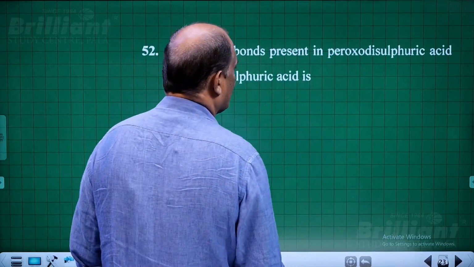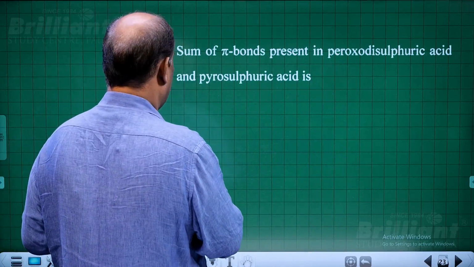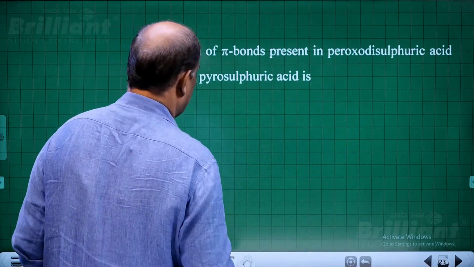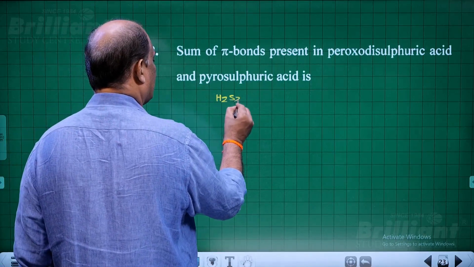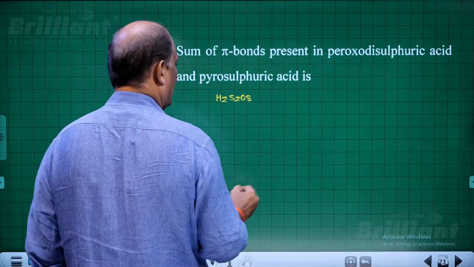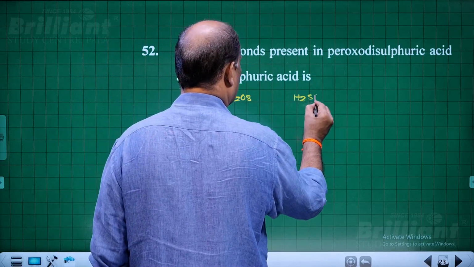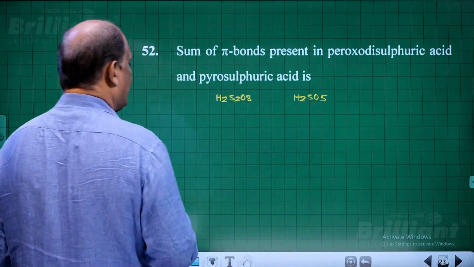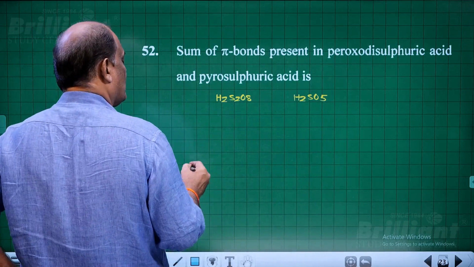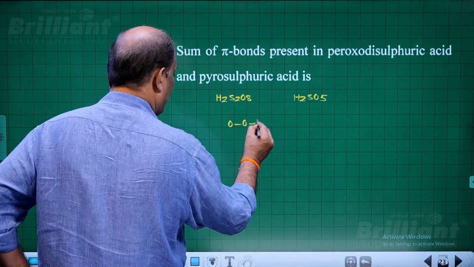Number of pi bonds present in peroxodisulfuric acid and pyrosulfuric acid. This is the peroxo H2S2O8. This is H2SO5. H2S2O8, generally what is the peroxo? Generally when a peroxy bond is there, first we have to write the peroxy bond.